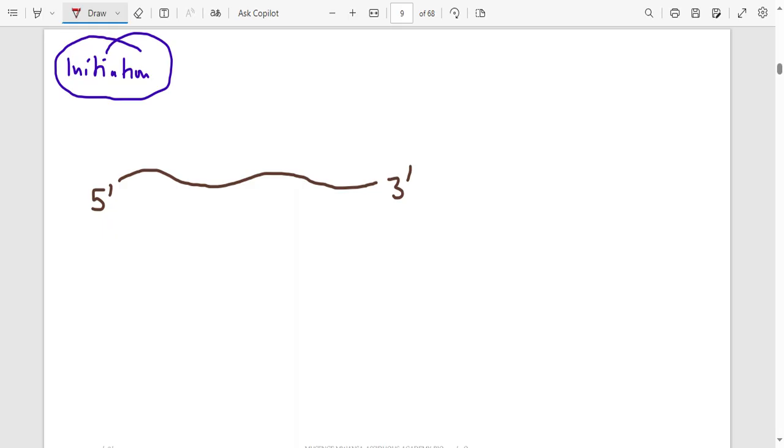Once the RNA moves out of the nucleus, it's now in the cytoplasm. This RNA is going to do something. It is going to meet the small ribosomal subunits. That is going to be the first thing that happens. Please take note. Let me say that again.